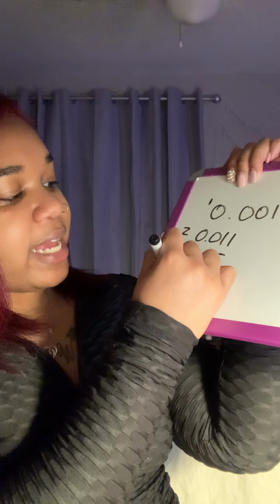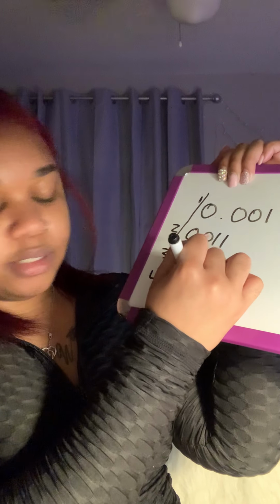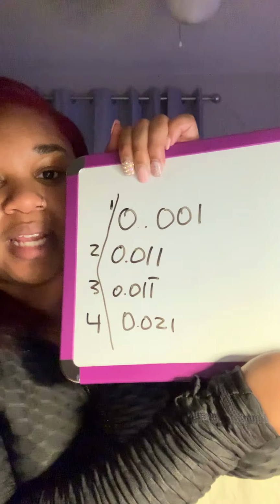And then for the last one, because this is a really big number, is 0.021. And so that is how you put the numbers in least to greatest. Really simple. You're just going by basically the first or second number after the decimal, just looking at which one is the bigger number, and that is the one that is going to go last. So let's do one more like that.